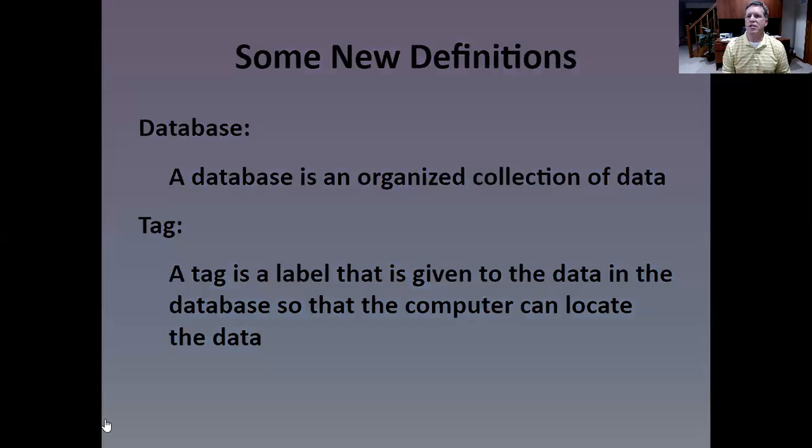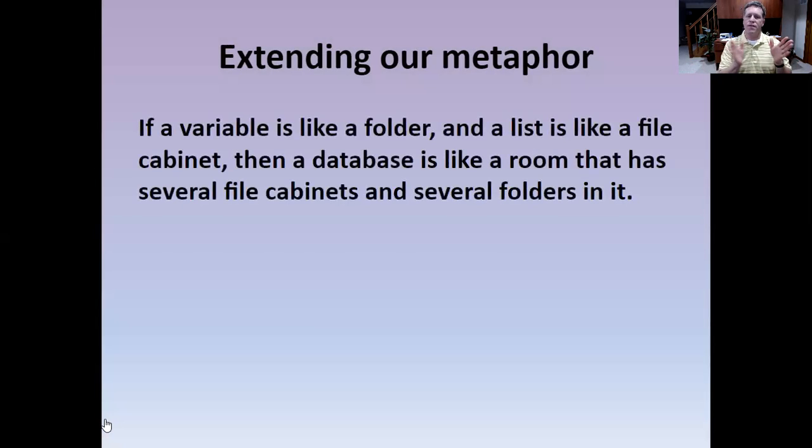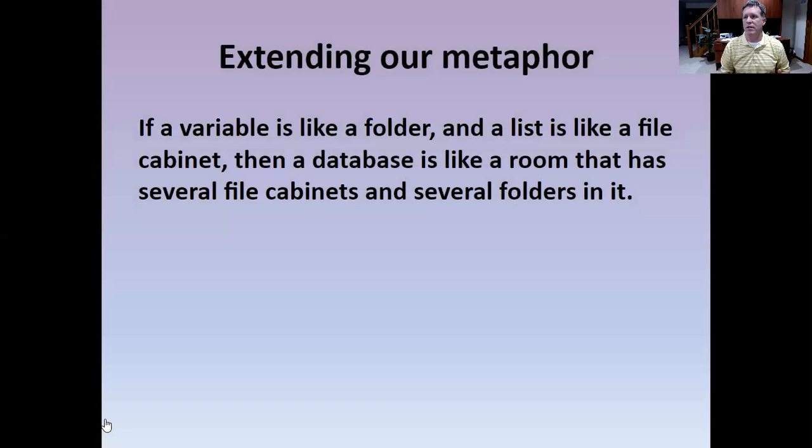Okay, so if we want to use our file folder and file cabinet metaphor again, we can extend this out. So if the variable is like a folder, it can only hold one piece of information, and the list is like a file cabinet, it can hold multiple pieces of information, then a database is like an entire room that has lots of file cabinets and folders in it.